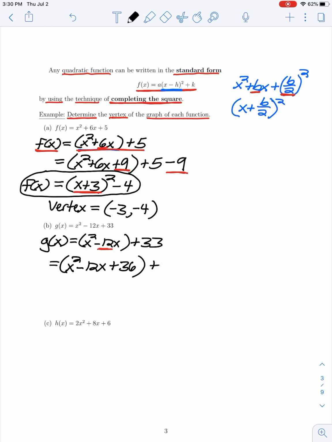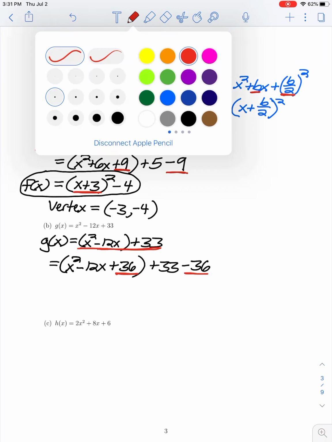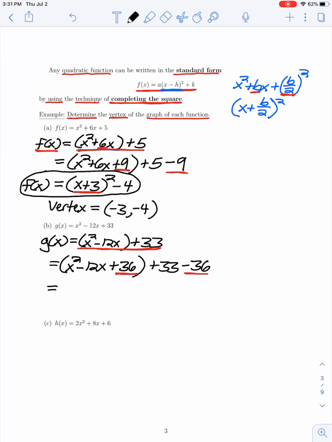And then on the end, I had a constant plus 33. But here, since I've added 36 to the value of this function, on the end, I must also subtract 36, so that these two terms will cancel, and I'll have the same value for g of x that I started with. Now, what this buys me is the following.